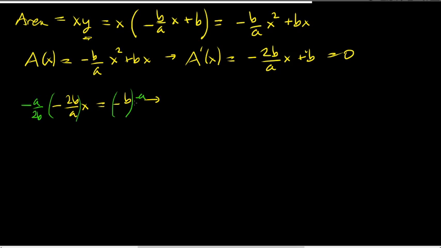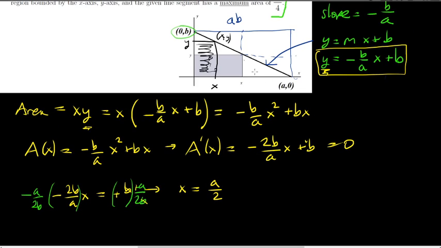So negative a over 2b. And so x is just going to be a over 2, right? Because the b's cancel, the negatives cancel. So a over 2, which again is not a surprise because it's right in the middle. It's halfway between 0 and a, right?